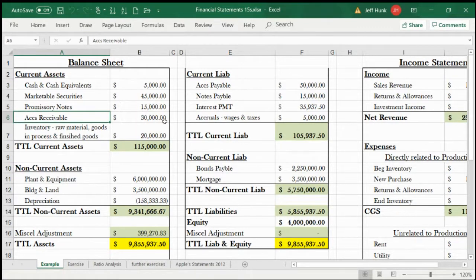And the promissory note, so let's think of it this way. If you are Dell, a computer manufacturer, your major client would be a consumer electronics retailer like Best Buy. We used this example before, in the income statement. Dell makes a particular model of computer, and they sell it for $500.